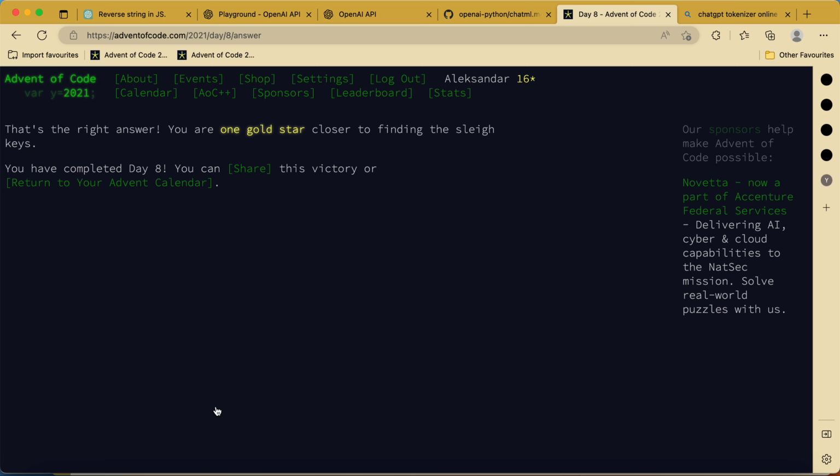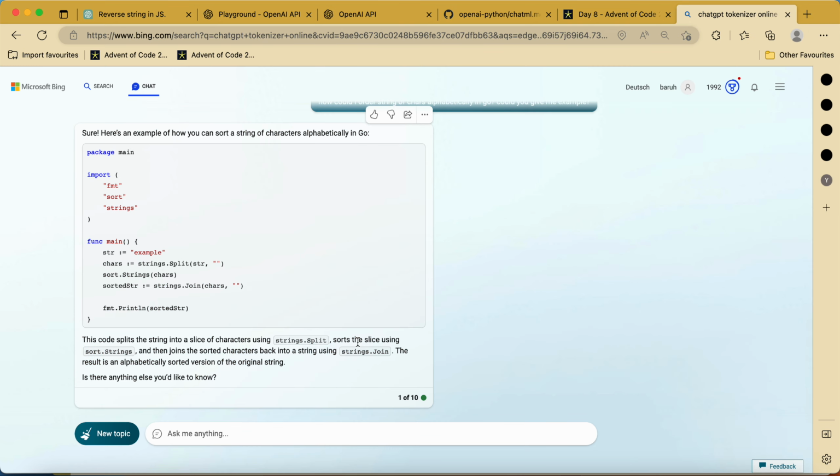and yeah, we were able to solve the challenge with a lot of thinking, going back and forth, but at the end we did it with help of ChatGPT, Go, Bing, and all of the tools.